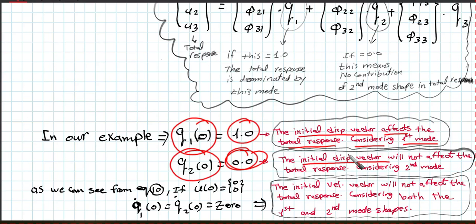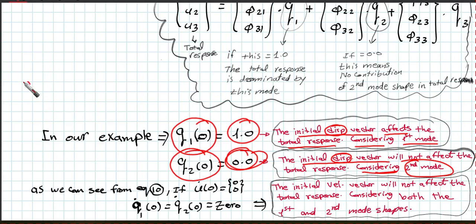And Q2 node equal to 0, this means that the initial displacement vector, again remember this word, displacement, I'm talking about displacement here, will not affect the total response considering the second mode or through the second mode. So this is the meaning.